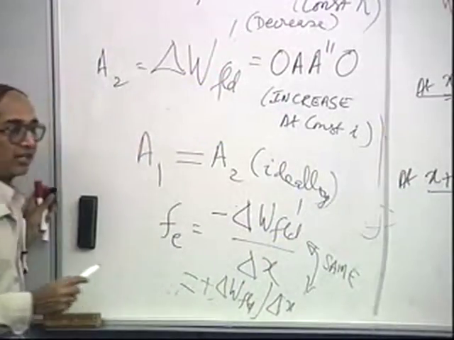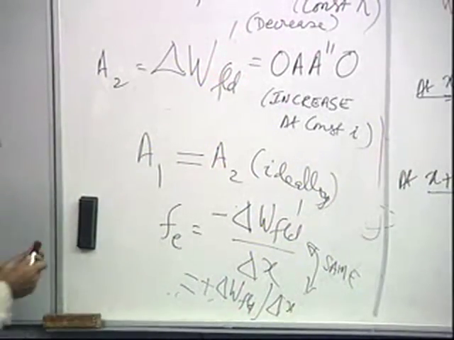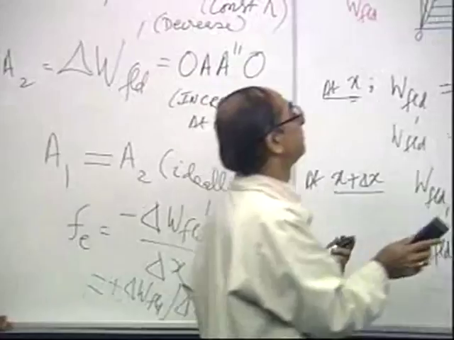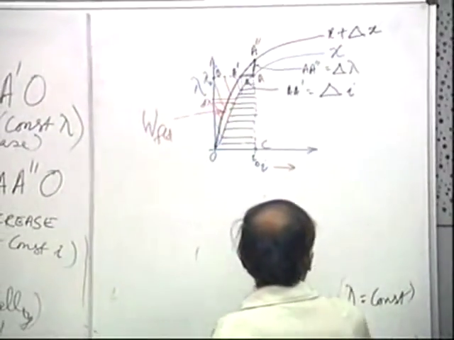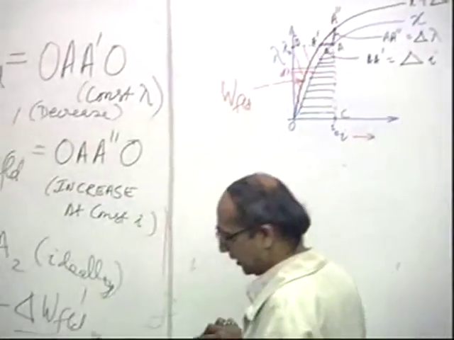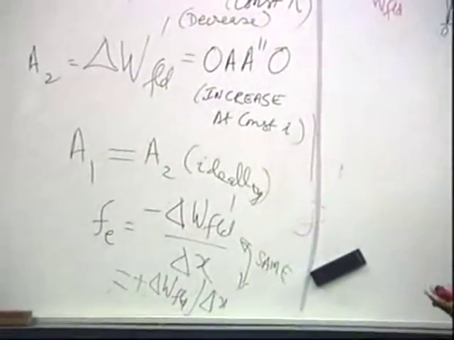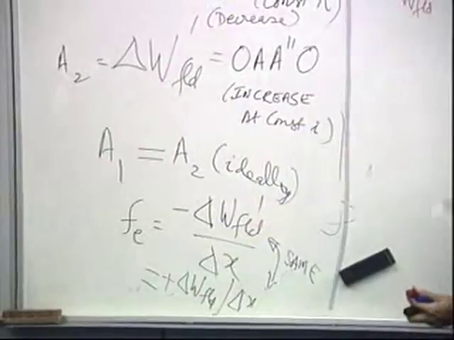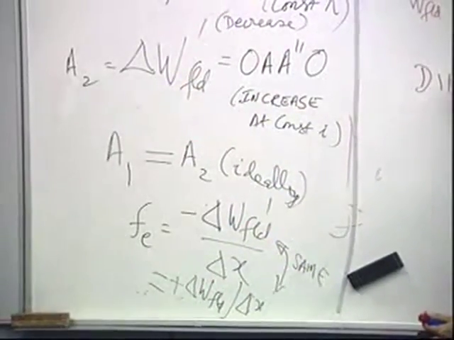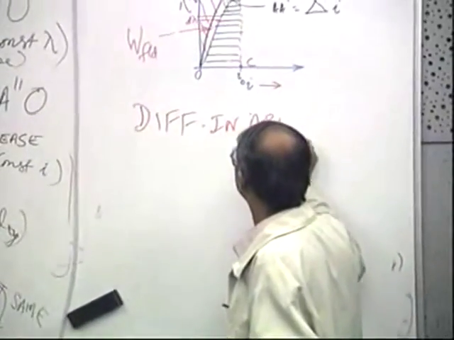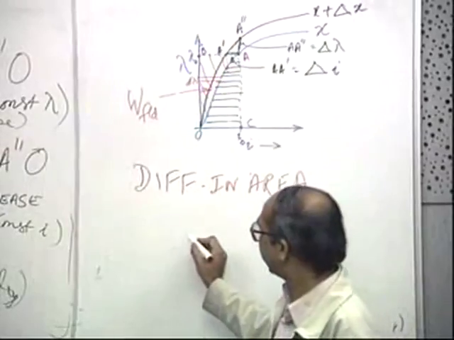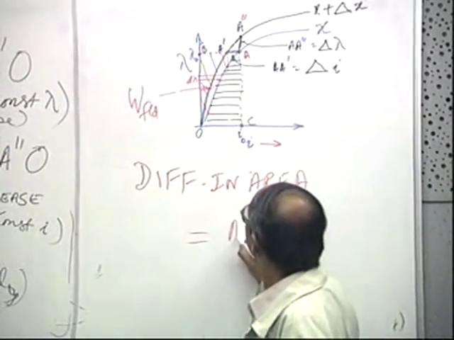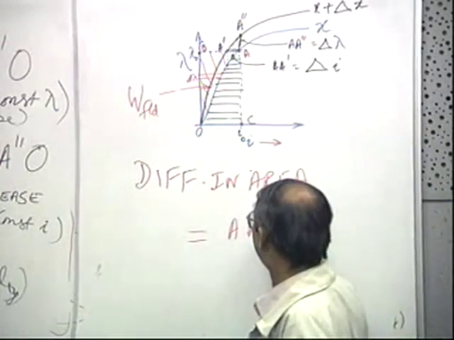But the areas are not the same. What is the difference in the area? Both forces must be the same, but there is a difference in area, which is equal to A dash, A double dash.